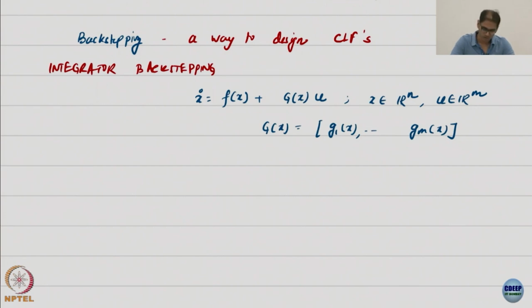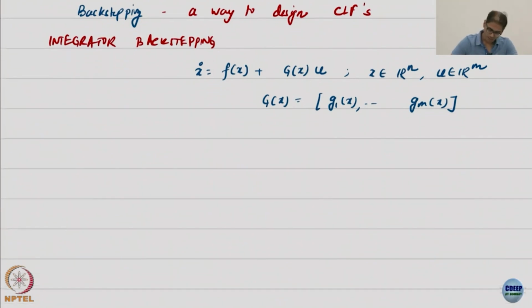This is just a way of writing f(x) plus summation of gi ui, the way we have been writing control affine systems. We always go along with control affine systems. We are not trying to have some kind of nonlinear dependence on control because it's rather unusual. In most cases you can always figure out a linear dependence with the control.